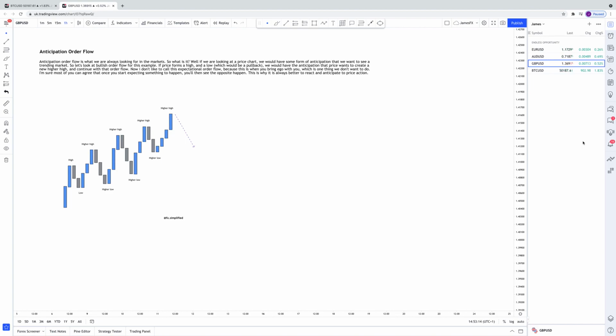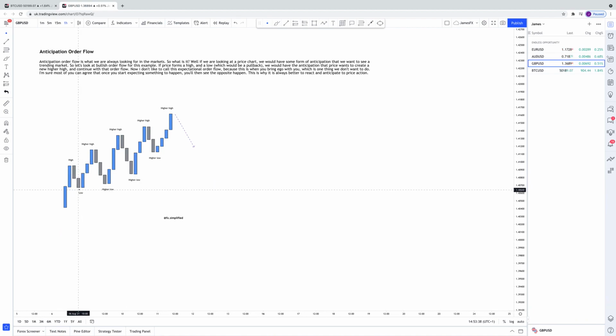Okay, so if we're looking at bullish order flow, or bullish anticipational order flow for this example, if price forms a high and a low, as you can see from the diagram, we have a high and a low, which is the pullback. So once price pushed up, formed a high, we pull back, that's the pullback, and we have a low.